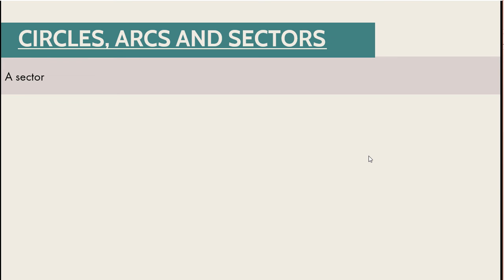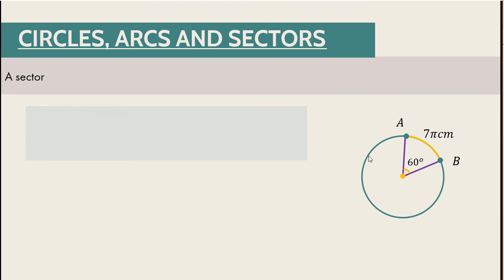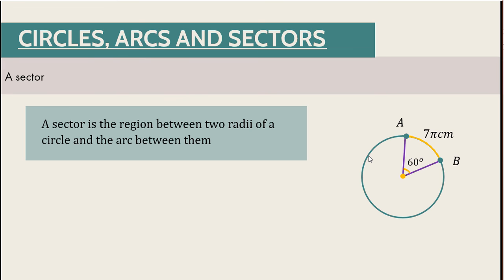Finally, we will come to the concept of a sector. A sector, again, is a part of the circle, the region between the two radii of a circle and the arc between them.